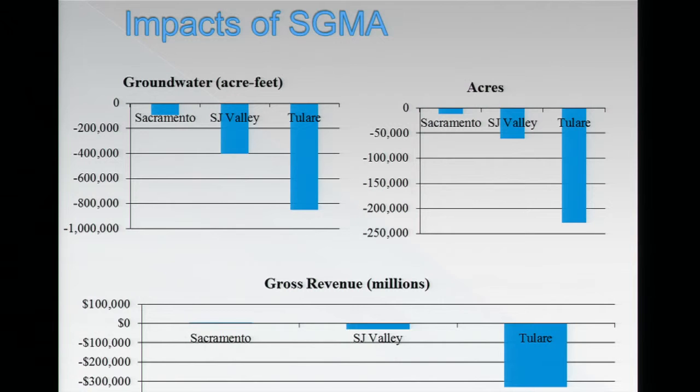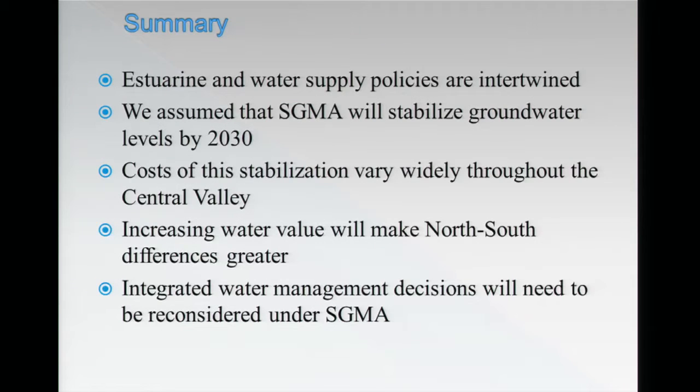So in a nutshell, the take-home message, as I see it, is that estuarine and water supply policies are intertwined, and anyone who's been working the Delta will know that. We assume that SGMA has to stabilize groundwater by 2030, not 2042.